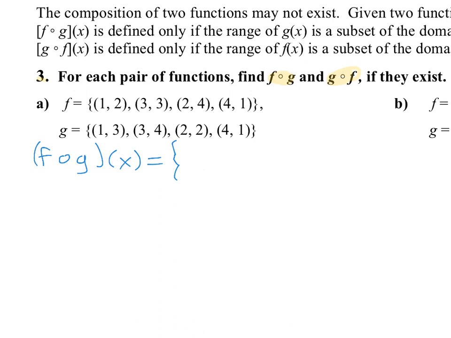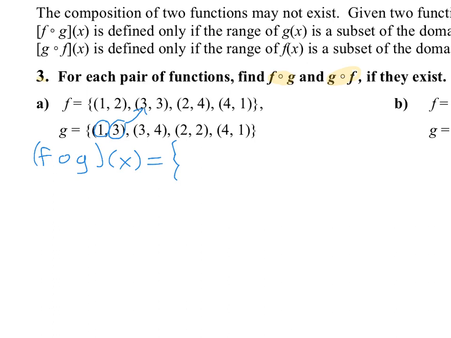All right, so I look at the first coordinate in g. I see a 1 in the x and a 3 in the y. This 3 in the y magically takes you to that 3.